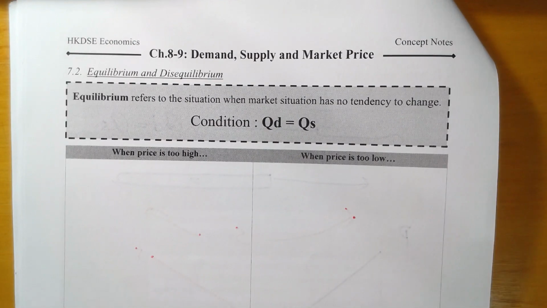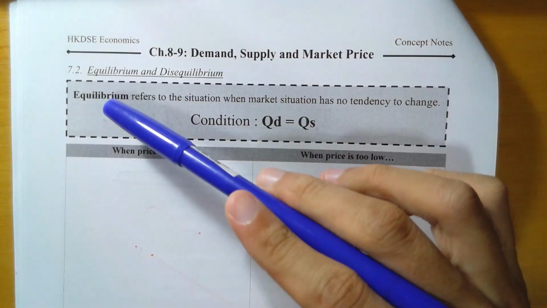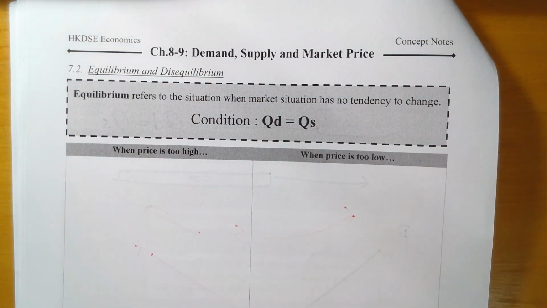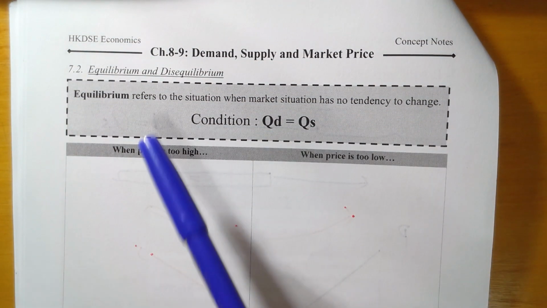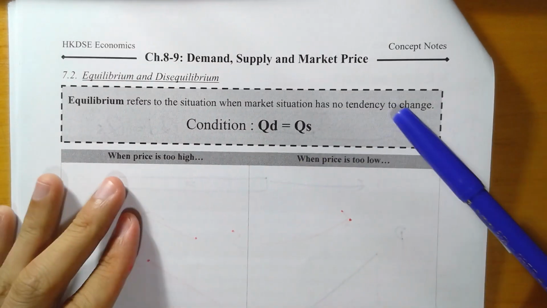Now this is the technical aspect. Now let us look at the theory and some logic behind it. 頭先我哋話啦，when QD equals QS, we call that equilibrium. 嗱咩叫 equilibrium 呢？ Equilibrium refers to the situation when there is no tendency to change.